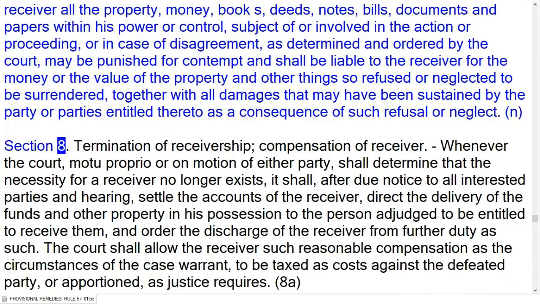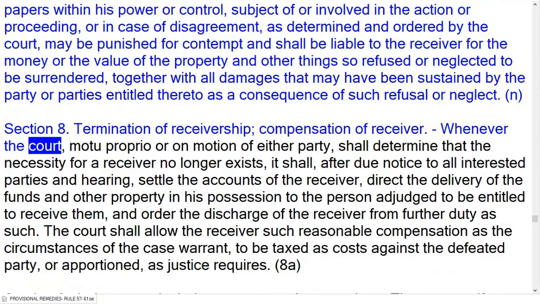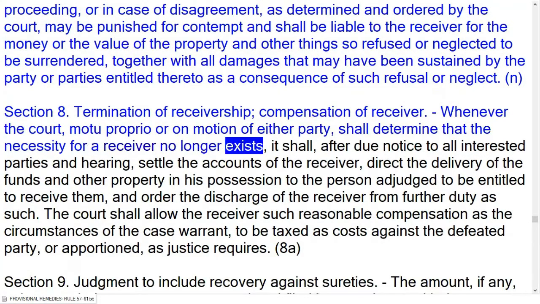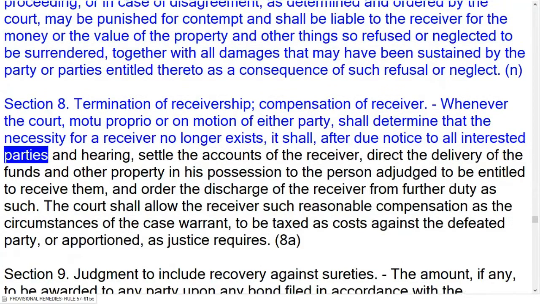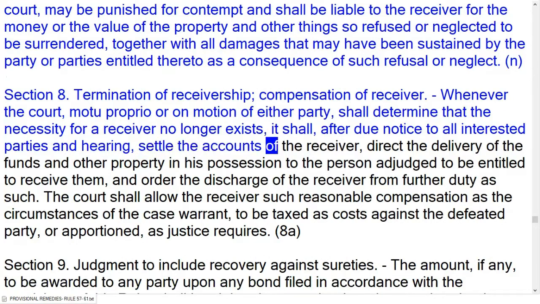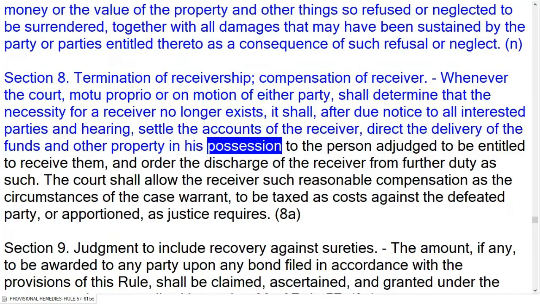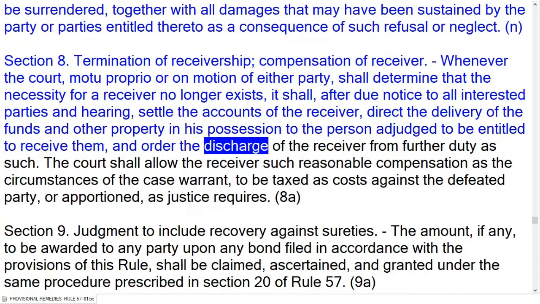Section 8. Termination of receivership. Compensation of receiver. Whenever the court, motu proprio or on motion of either party, shall determine that the necessity for a receiver no longer exists, it shall, after due notice to all interested parties and hearing, settle the accounts of the receiver, direct the delivery of the funds and other property in his possession to the person adjudged to be entitled to receive them, and order the discharge of the receiver from further duty as such.